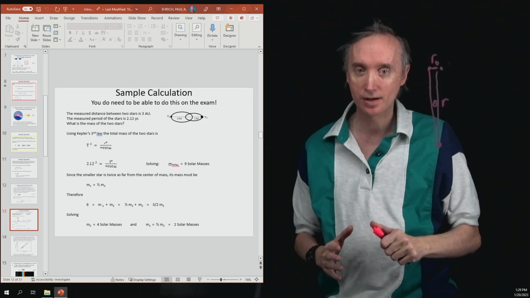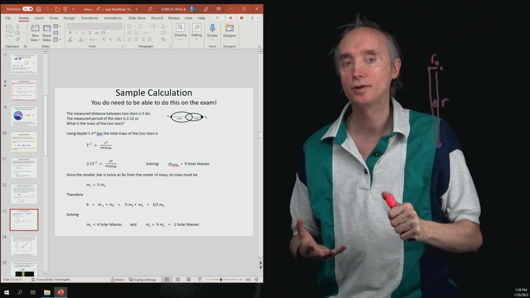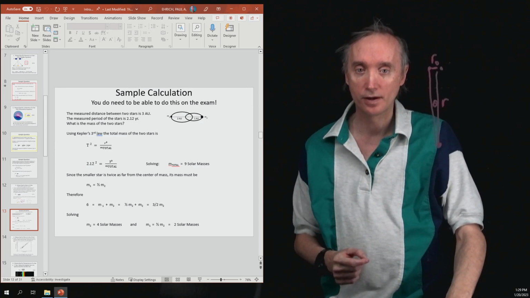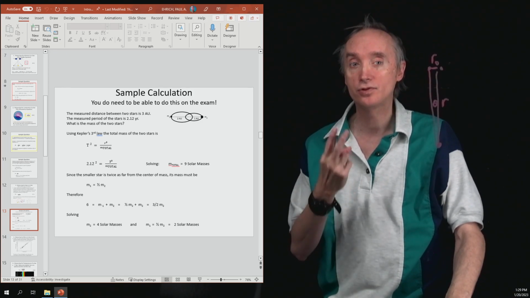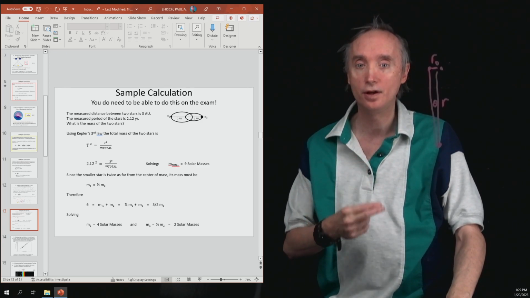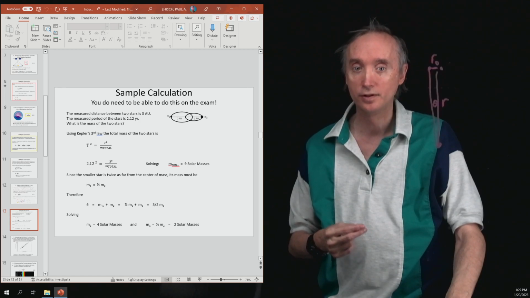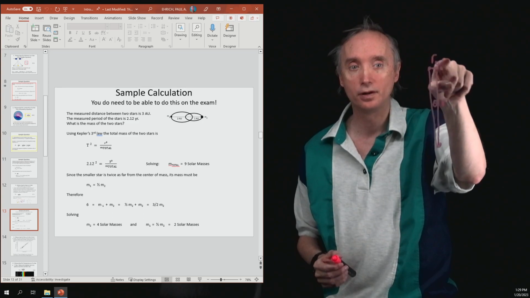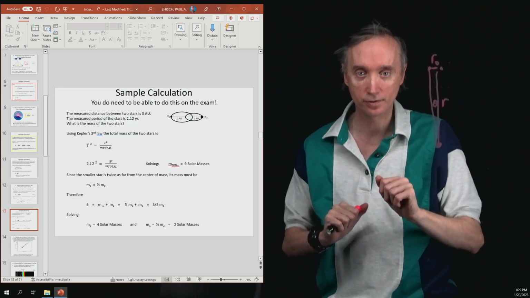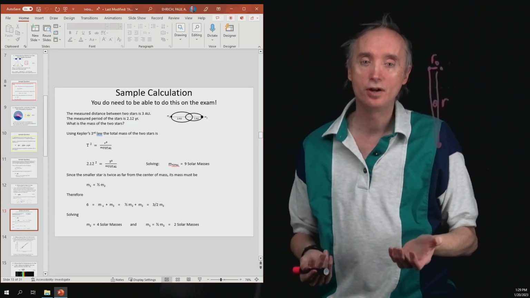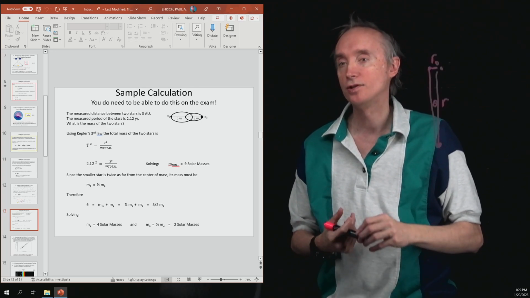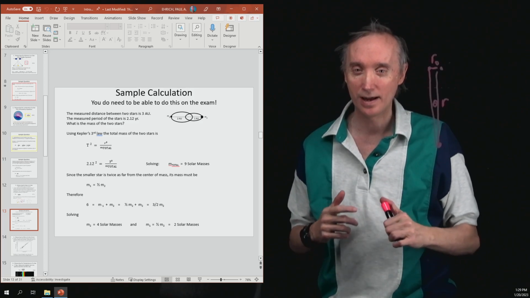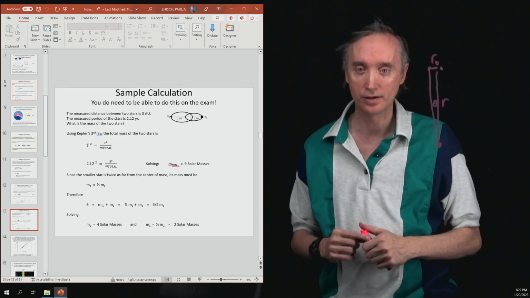So the next step is to use the concept of center of mass, which I do there, and now you've got two equations and two unknowns that you can solve, and now you can figure out the mass of each one of the two things that were going around each other. So I just want you to know it can be done, and I want you to have a general idea for how they do it. But you're not going to be doing actual calculations on the exam.